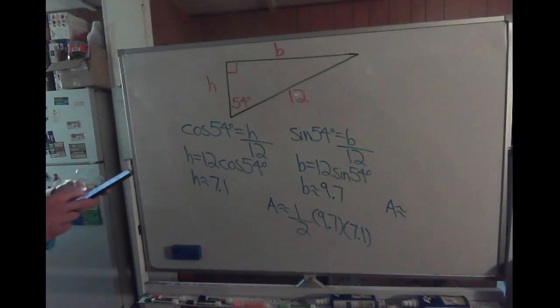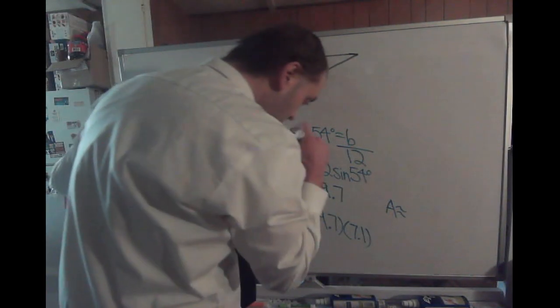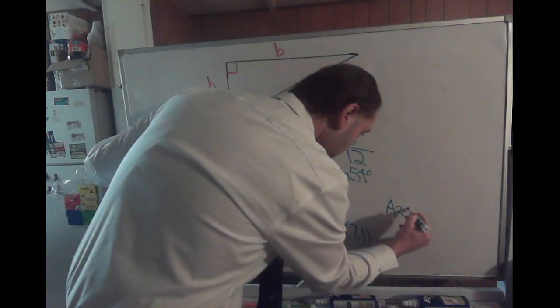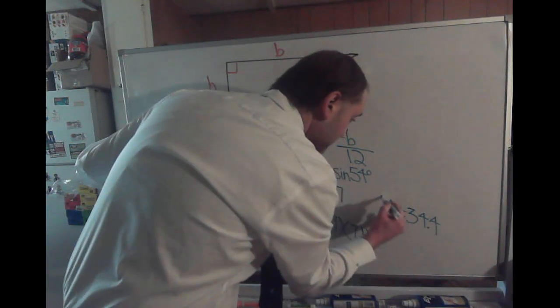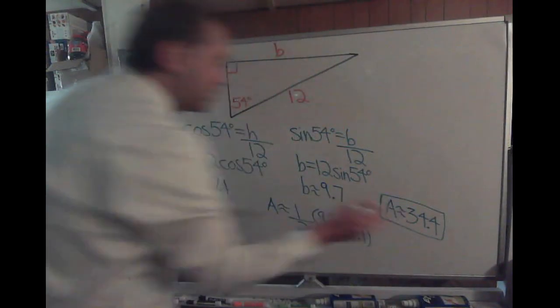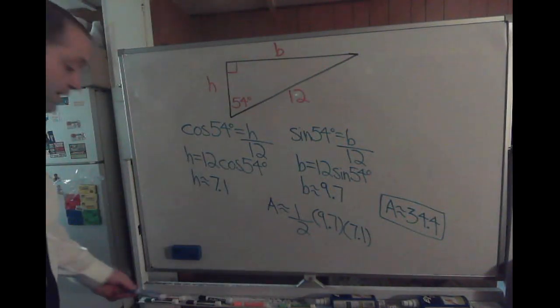So let's go ahead and do that. You get about 34.4. So the area of this triangle is approximately equal to 34.4 square units.